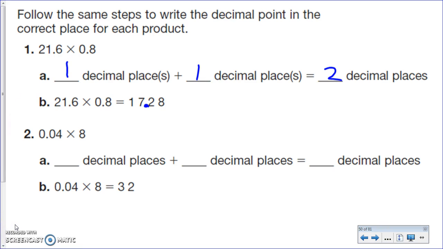For number 2, we have 400 times 8. So we have 2 decimal places in the first number, 0 in the second, so we should have 2 in our answer. So our answer becomes 32 hundredths.